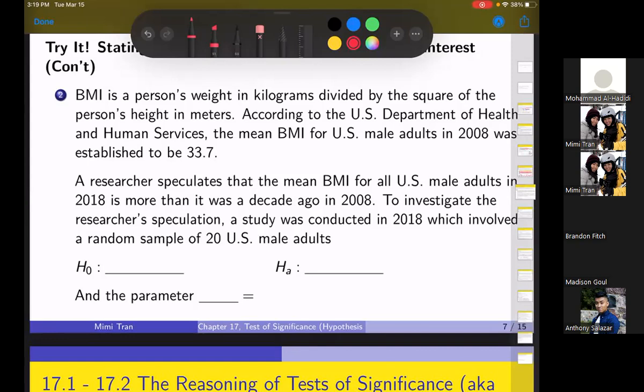Carly. Rosa. Ella. Anyone else? I got Madison, Ryan. Mohammed's not here. I'll talk to that dude.